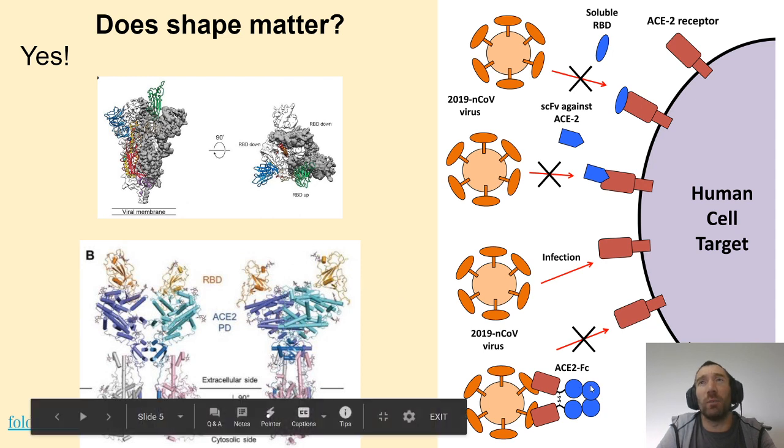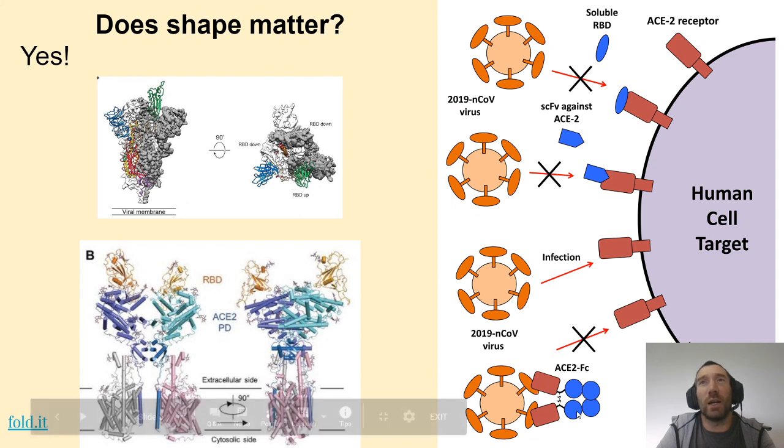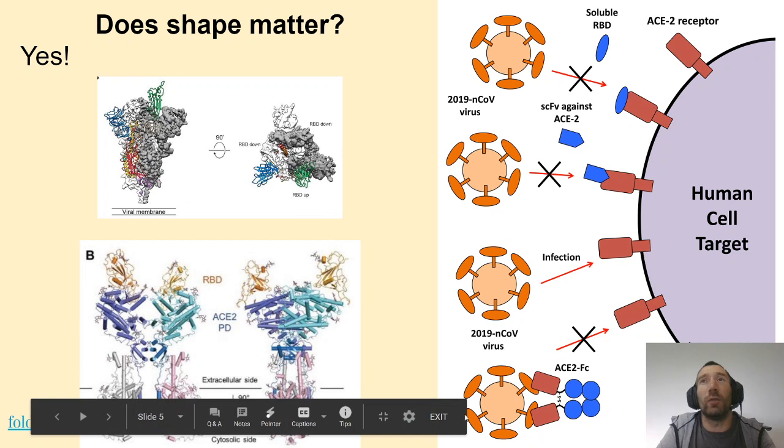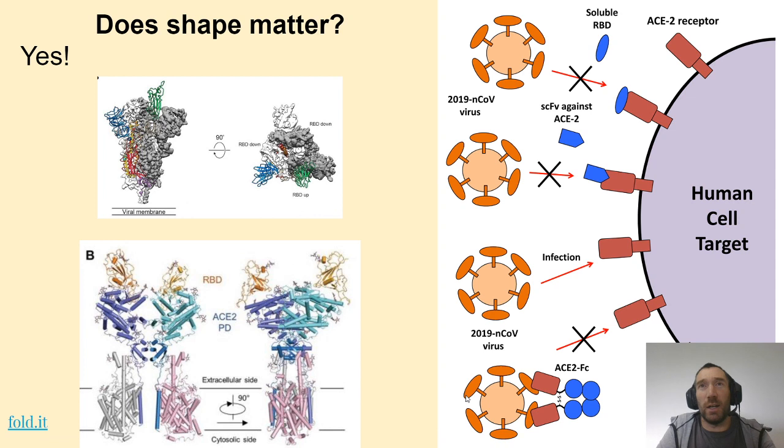You find something that has the exact shape that sticks to the virus, which is what this sort of thing here is. The idea is that if you coat the virus with something else, it's like if you have a key and you cover it in plasticine or something, that key is never going to fit into the lock anymore because you've changed its shape by putting all this extra stuff on it.